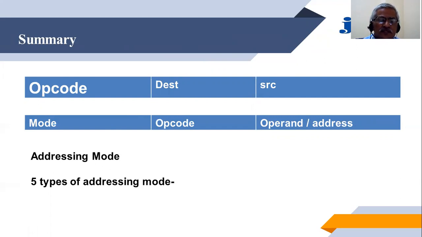Then we discussed the addressing mode, which is nothing but a way, a mechanism, or a method by which we are able to find out the addresses of the source and the destination. And finally, we discussed the 5 different types of addressing modes: the direct addressing mode, register addressing mode, immediate addressing mode, indirect addressing mode, and the implicit addressing mode.